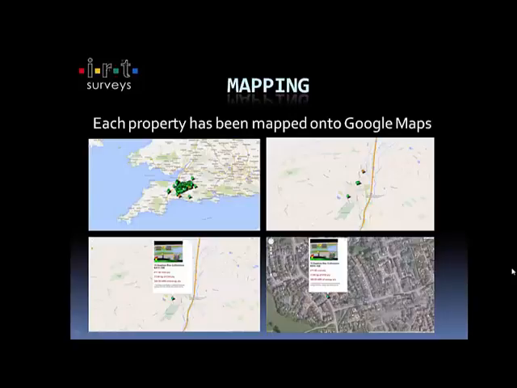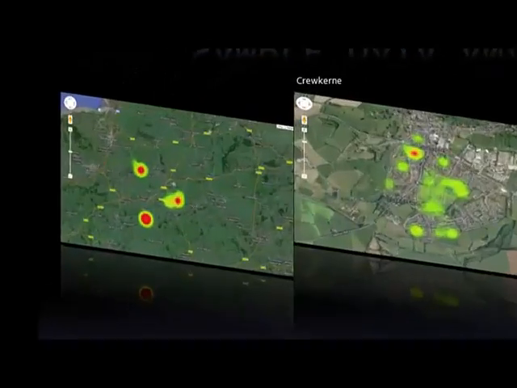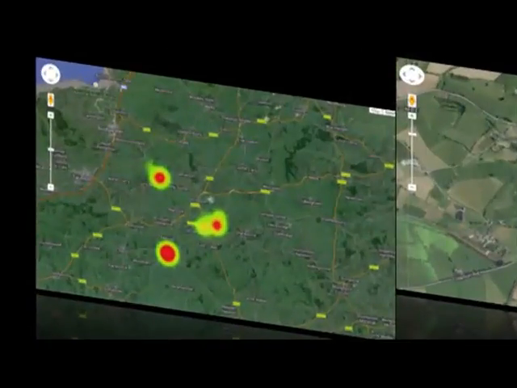We can show you the locations of the properties, we can embed the thermal images, we can show you the ECO areas on those maps. We can also provide overlay data, so the regions of heat loss appear as almost like a coloured fog, and what you can do with this data is almost take snapshots.